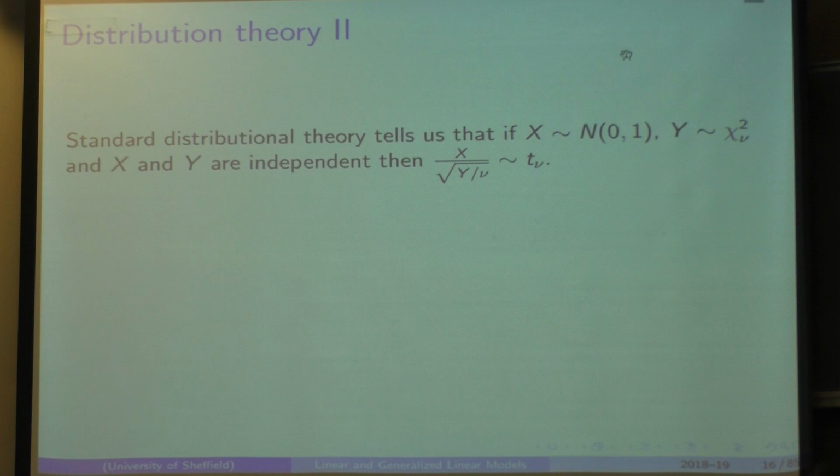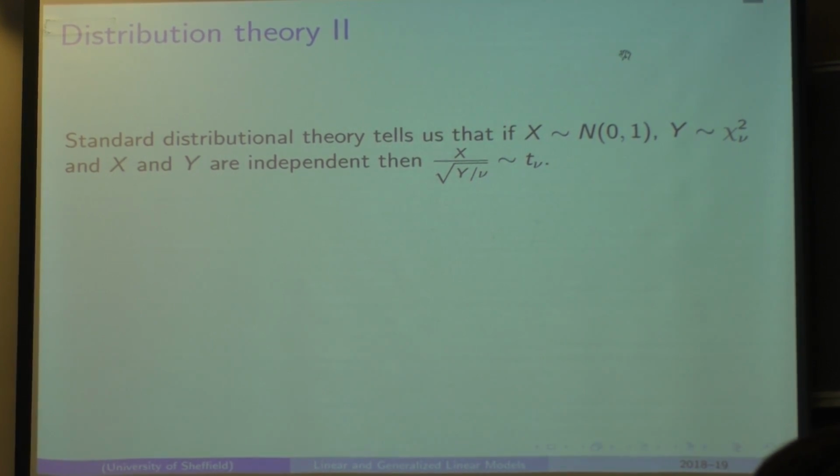Okay. So now we use the distribution theory, and a standard result from distribution theory, which in fact you can think of as the definition of the t distribution with nu degrees of freedom, is what you get if you take a standard normal X and divide it by the square root of Y over nu, where Y is a random variable with a chi-squared distribution with nu degrees of freedom.